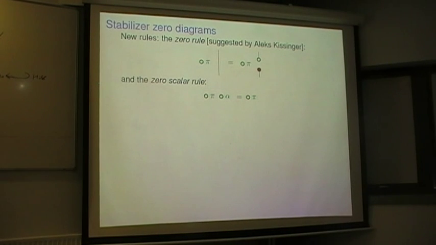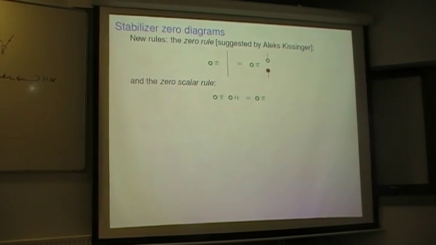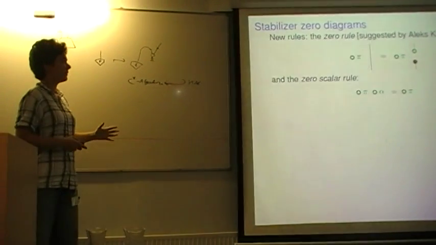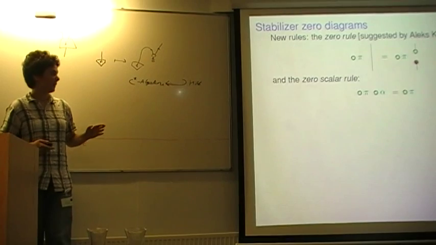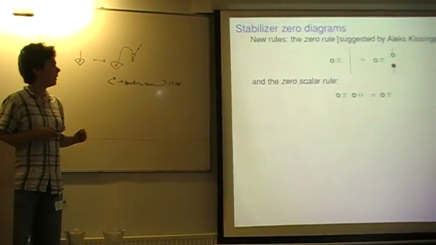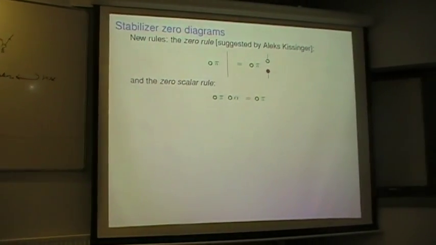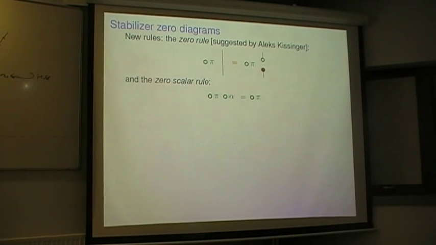So far I've only talked about non-zero diagrams, and I've told you that we can recognize zero diagrams, so it's okay to focus on the non-zero ones. But to have a proper completeness proof, obviously we want to look at zero diagrams as well. And in order to deal with those, we're going to need another couple of new rewrite rules. The first one is this zero rule, which was suggested by Alex, which allows us, if we have this zero scalar next to an identity wire, to disconnect that wire.